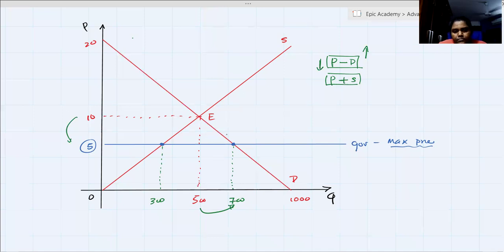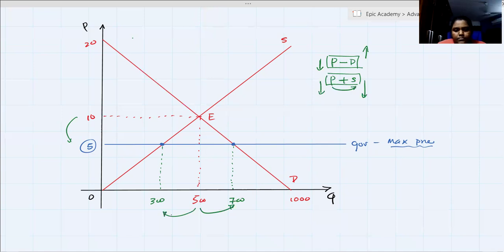And what happened to the supply? Price reduced, so supply must also reduce because it represents the positive relationship between those two. So that is why the amount of supply reduced from 500 to 300.